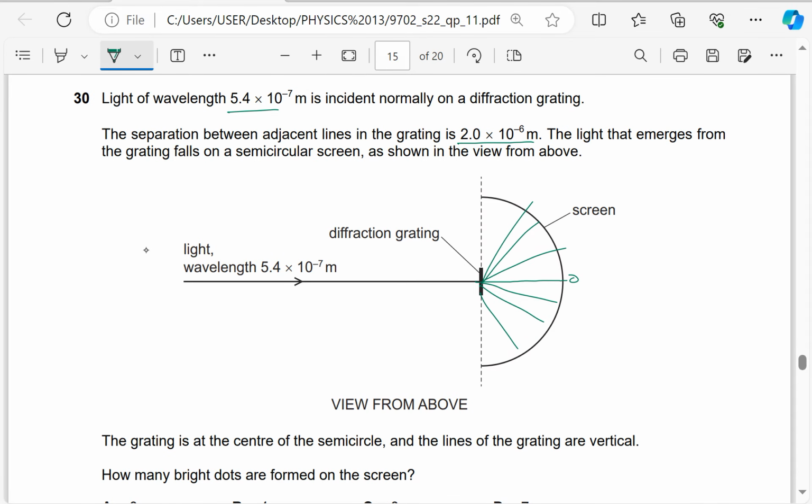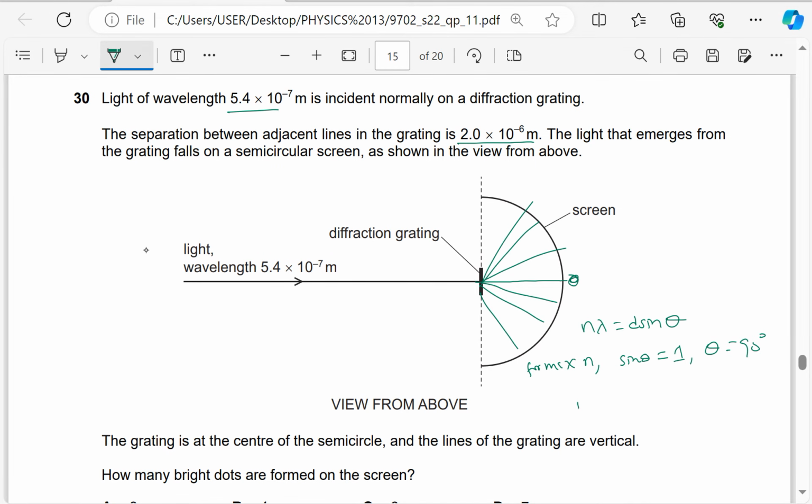First of all, we find n on one side without including the central bright fringe. We know that for a diffraction grating, nλ = d sinθ. For maximum n, sinθ should be equal to 1. In other words, theta would be 90 degrees.